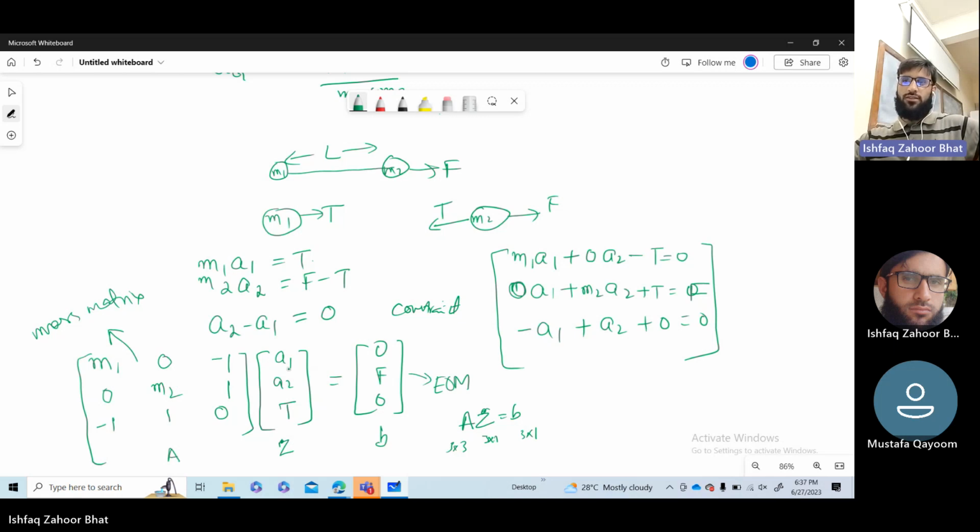This is obviously the variable vector, which we are searching for: A1, A2, and obviously tension. And this is known as the force vector, because the external forces are stacked in this vector. Is this clear?